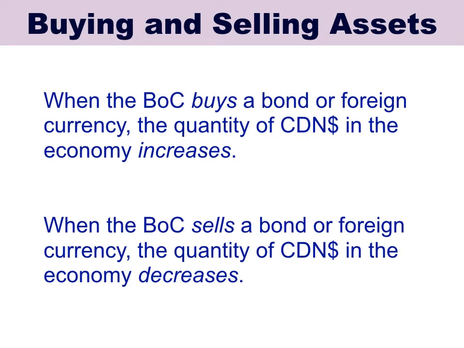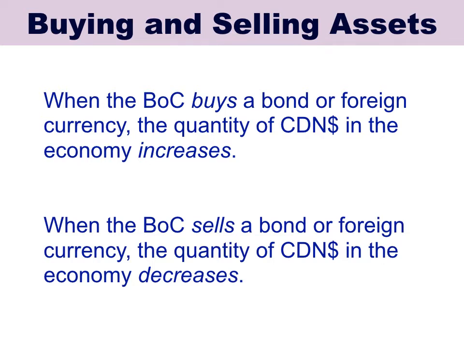So again, when the central bank buys and sells things, the money supply in the economy will either go up or down. The best way to think about it is, if you're the Bank of Canada, anything that's in the reserves of the Bank of Canada is not out in the economy.